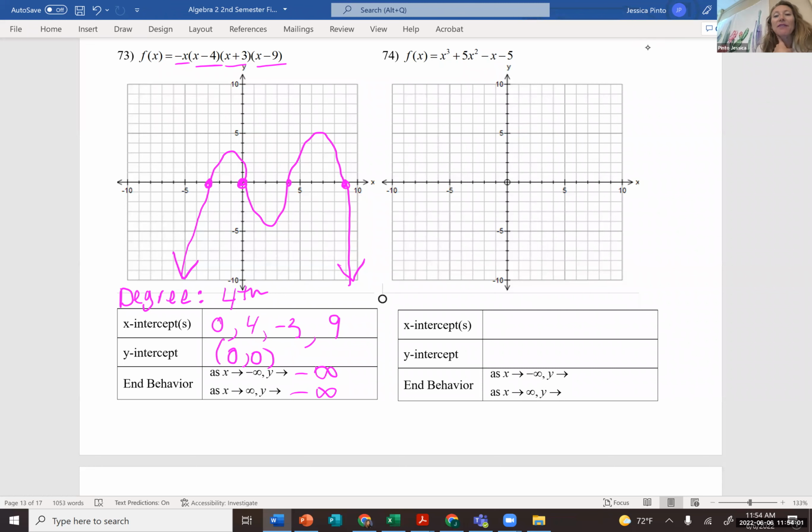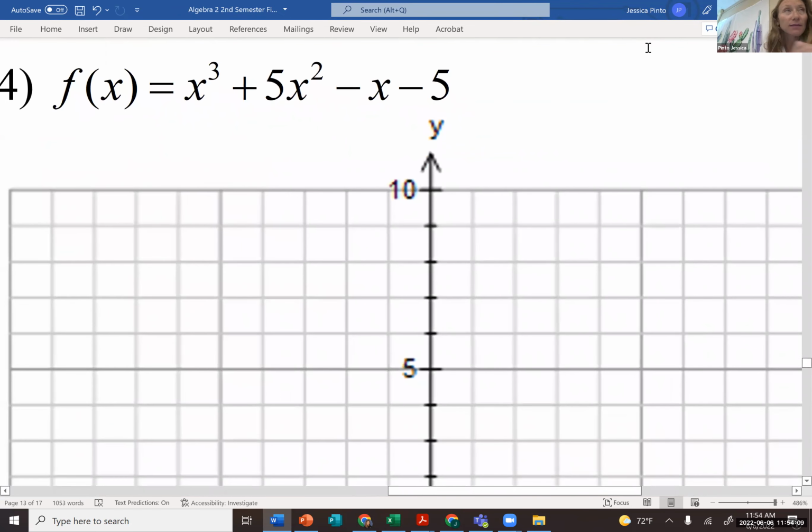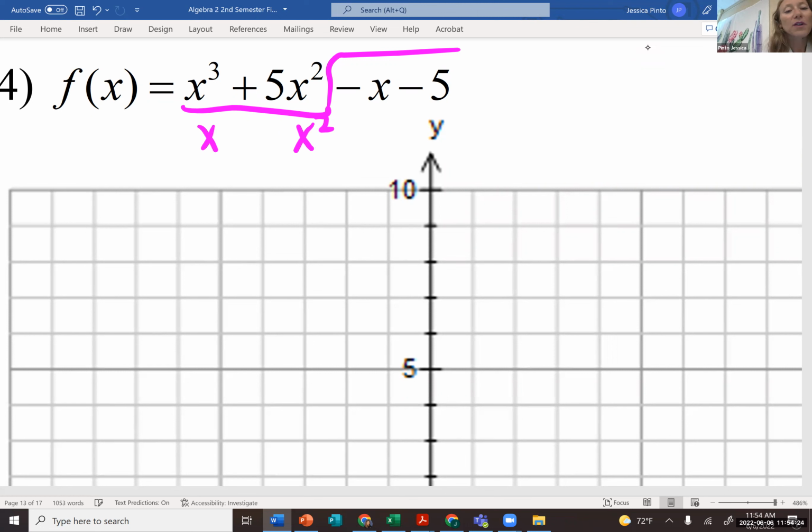Okay, so 74, we see that it's not in factored form. We see that it's a polynomial with 4 terms. So I'm going to zoom in on that mentally and actually, and I'm going to count 1, 2, and then up, and 3, 4. I see that it's x to the 3rd plus 5x squared. So I can take out an x squared from both of those. And that's going to give me x squared and then x plus 5 left behind.